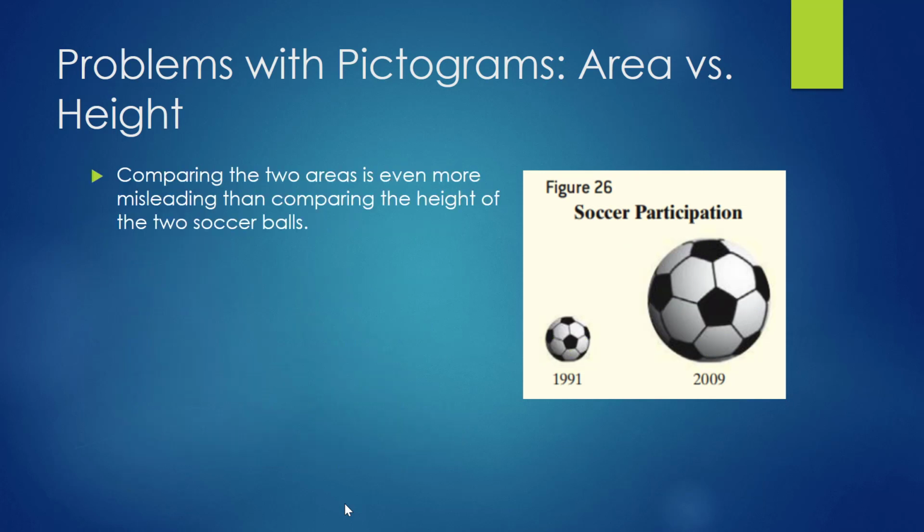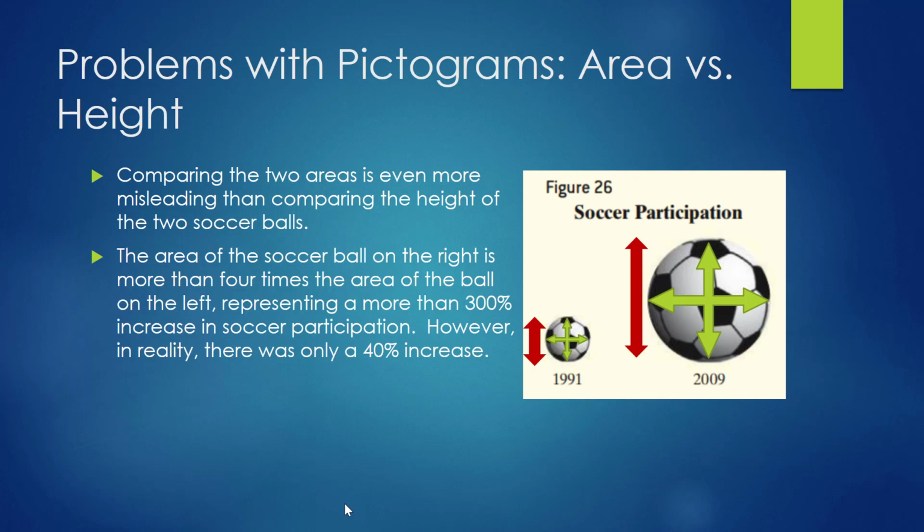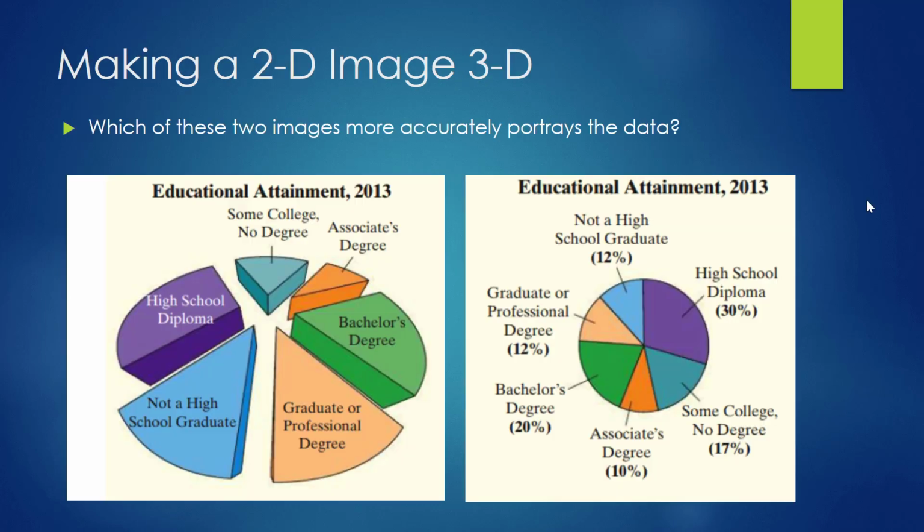Comparing the two areas in fact, is even more misleading than comparing the height of the two soccer balls. The area of the soccer ball on the right is more than 4 times the area of the ball on the left, representing a more than 300% increase in soccer participation. However, in reality, there was only a 40% increase.